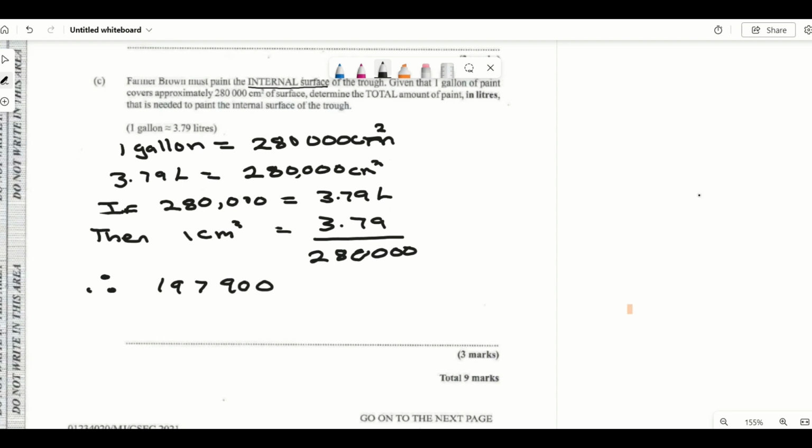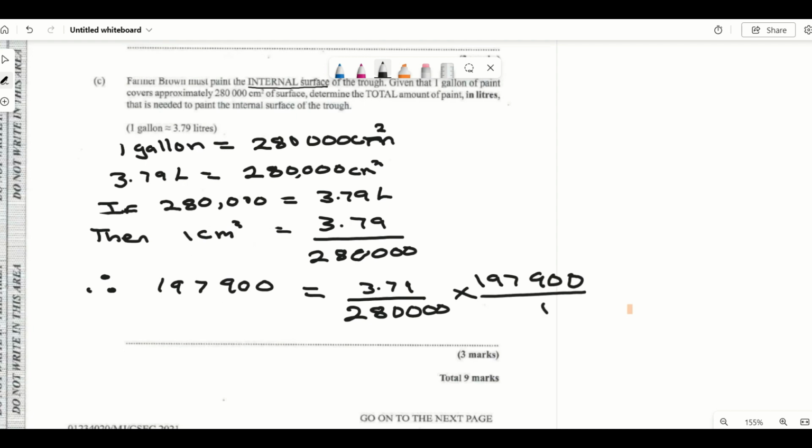And therefore, we are going to find out for how much the internal we had was 197,900. Right, which is 3.79 divided by 280,000, multiplied by 197,900, which is what we found out to be the total internal surface. So let us find out.